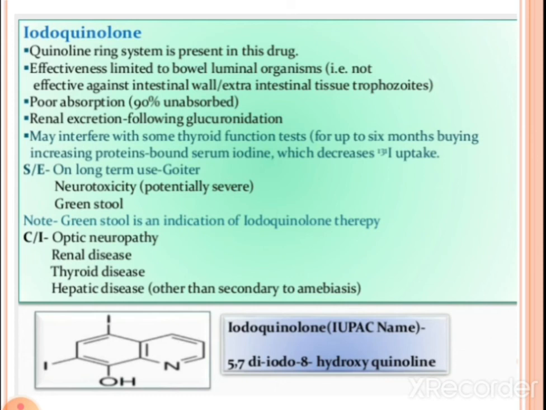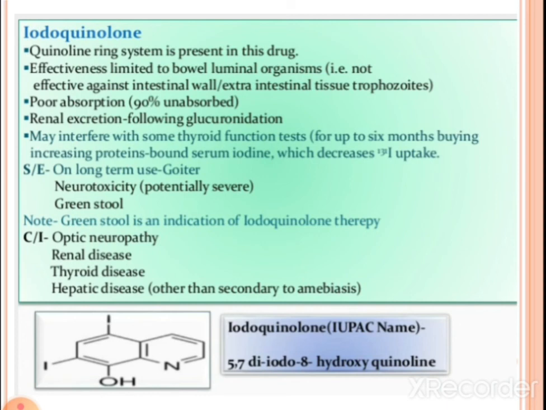It may interfere with some thyroid function tests for up to 6 months by increasing protein-bound serum iodine and decreasing the iodine-131 uptake. So it interferes with basic thyroid function.